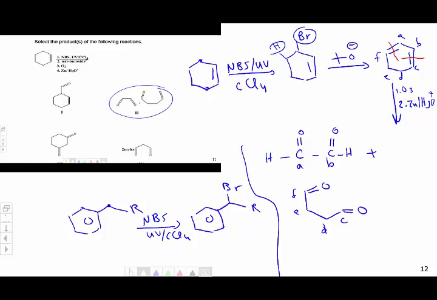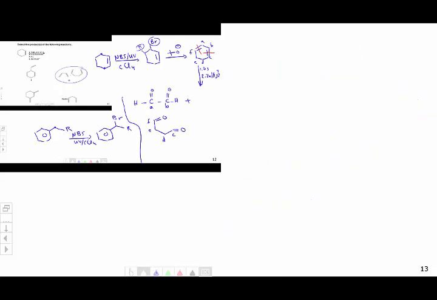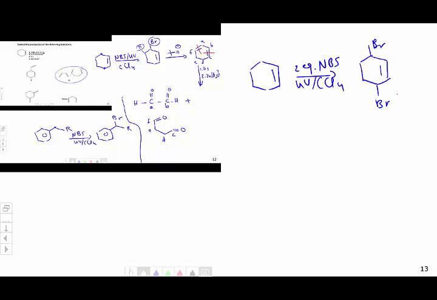Now, what if you're given the same one, but 2 equivalents of NBS in CCl4? In this case, I have enough to brominate both positions, this one and this one in here. Okay? So this is if I have 2 equivalents.